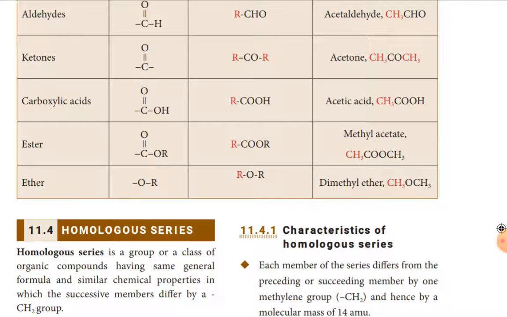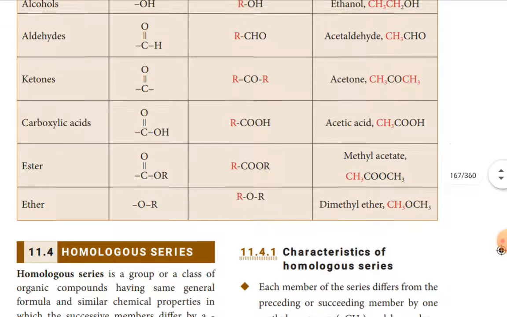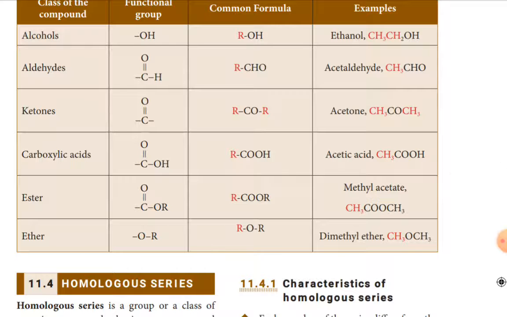Suppose instead of methyl, if you apply ethyl C2H5, you can say diethyl ether. And suppose one side is ethyl and the other side is methyl, then we have to write ethyl methyl ether. According to alphabetical order, E will come first, so we write ethyl methyl ether. Also, these kinds of examples were already learned in the 9th standard.